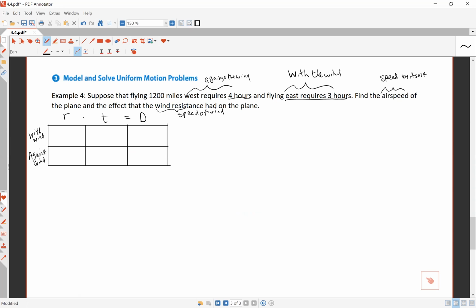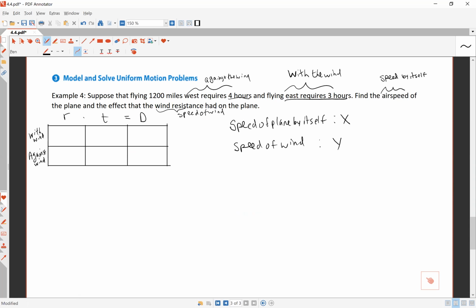All right, so the trick to these problems is to recognize that they want to know what the speed is of the plane by itself. Call that X. And they want to know what the speed of the wind is.